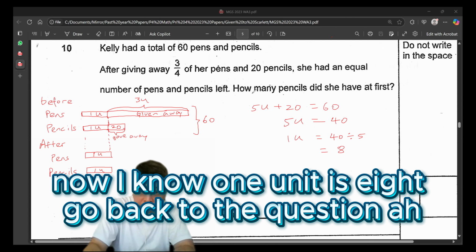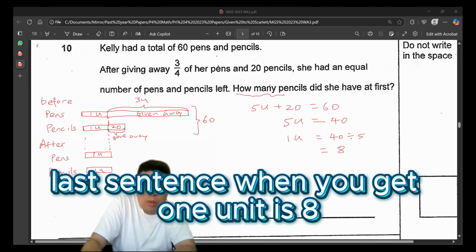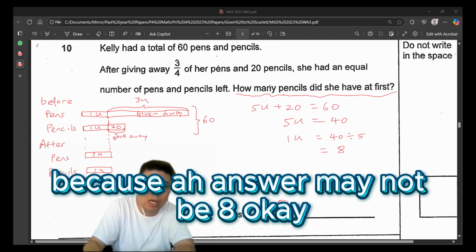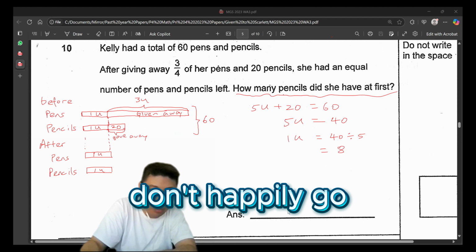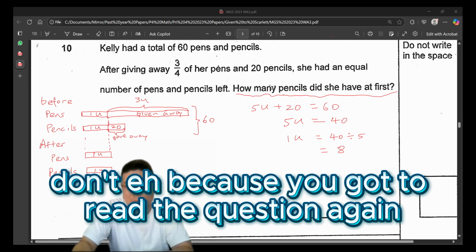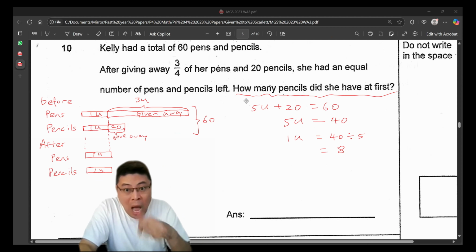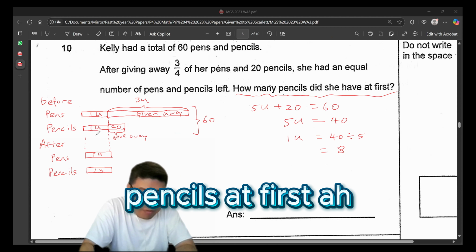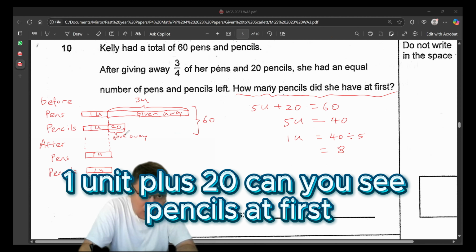Go back to the question, last sentence. When you get 1 unit is 8, don't write answer 8 and move on, because our answer may not be 8. Don't happily go and write 8 as the answer. You've got to read the question again. How many pencils did she have at first? Pencils at first are 1 unit plus 20.